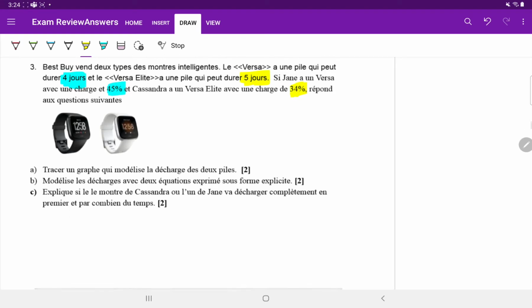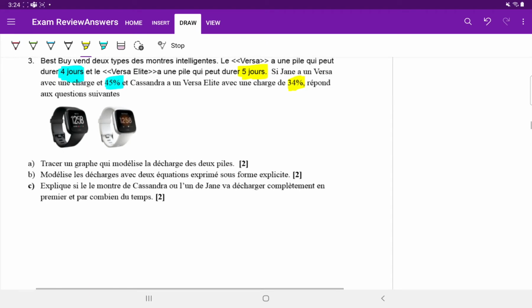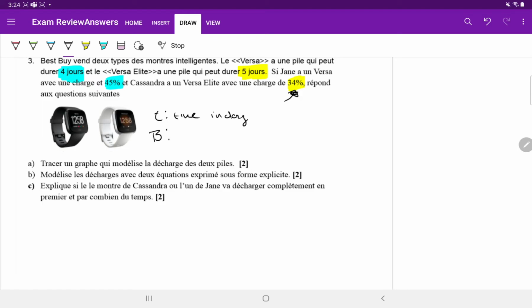Okay. So I want to draw a graph of the discharging of the two batteries, seeing how they discharge. Now, I'm willing to bet most of you guys can recognize that these are y-intercepts, because at the beginning of the situation, I have 34%. Looking at my two variables, I'm going to have a t variable for time in days, and a b variable for battery percentage.